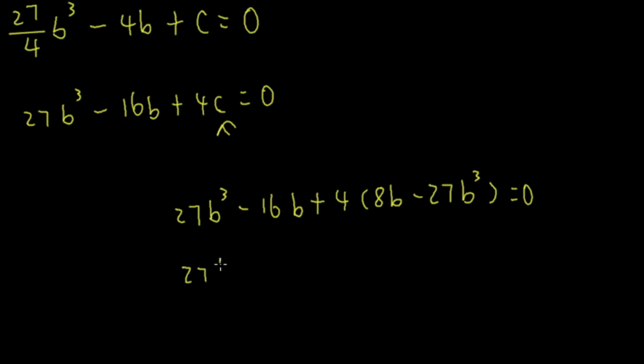So 27b cubed minus 16b plus 32b minus 4 times 27 is 108b cubed equal to 0.